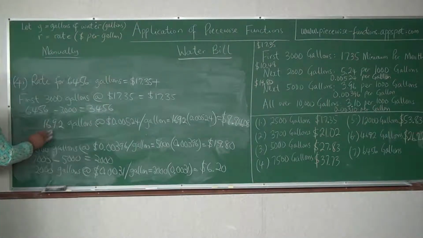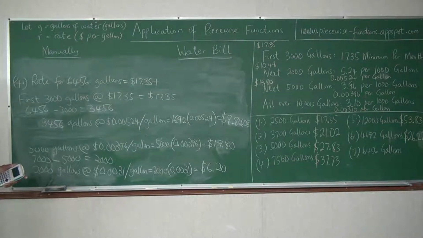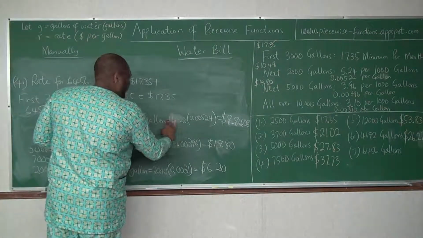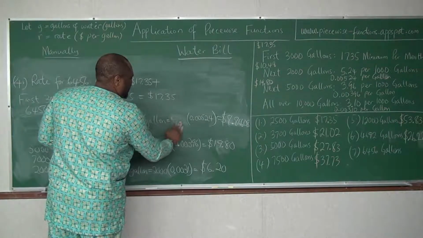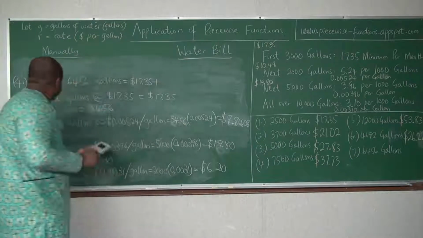You now do 3,456 gallons at 0.00524 per gallon, which will be 3,456 times this.